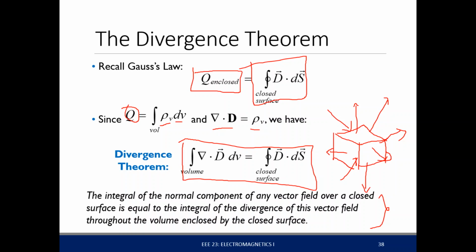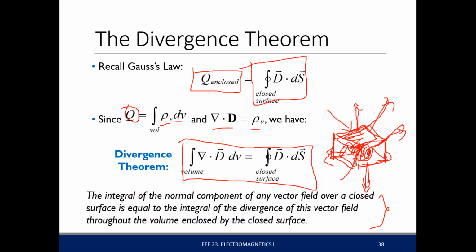If we get the divergence of the field in this region, you get a density inside the region, and the total volume of that density is basically equal to the total flux of the field lines going through the surfaces of that volume right there.